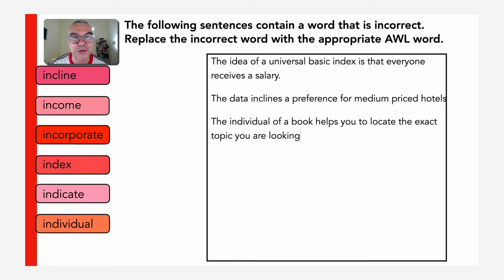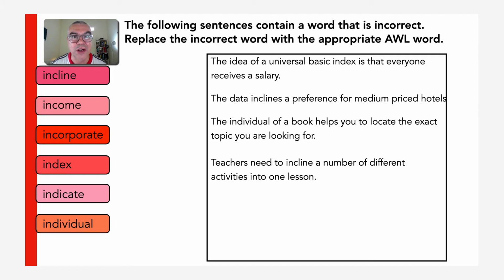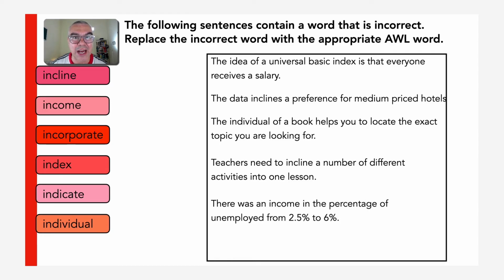The individual of a book helps you locate the exact topic you are looking for. Teachers need to incline a number of different activities into one lesson. There was an income in the percentage of unemployed from 2.5% to 6%.